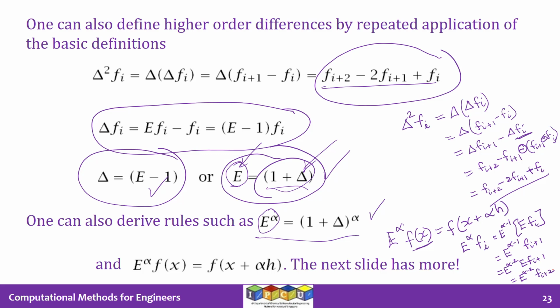So by the time you apply this successively, you would have reached i plus alpha h, and that is what is indicated here. So E to the power of alpha f of x gives us the value of f at x plus alpha h. So E to the power of alpha applied to the function value at x will give us the function value at x plus alpha h.